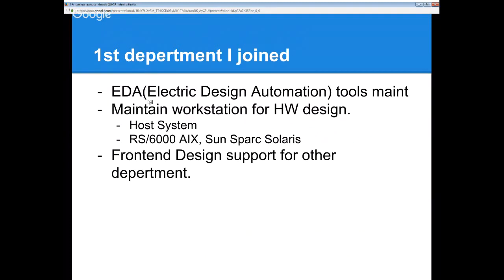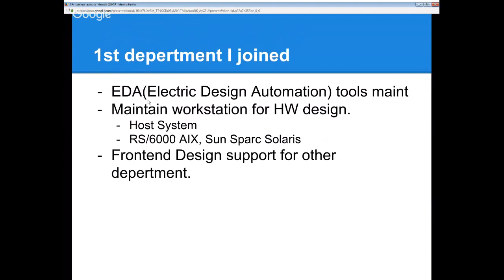Almost 25 years ago, we used the host system to design the logic, and also some workstations. We had RS6000 and Solaris SunSPARC to design.